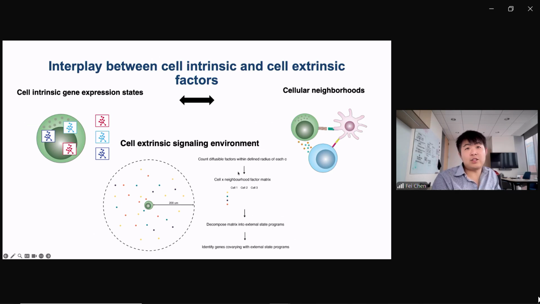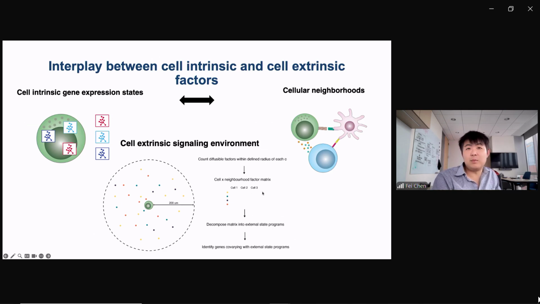What we're doing is that for any given cell, we're looking at all of the soluble signaling ligands in proximity to it. We build a matrix of all of the soluble signaling ligands that cell has observed. So a vector, right? And across all the cells, that's a matrix.